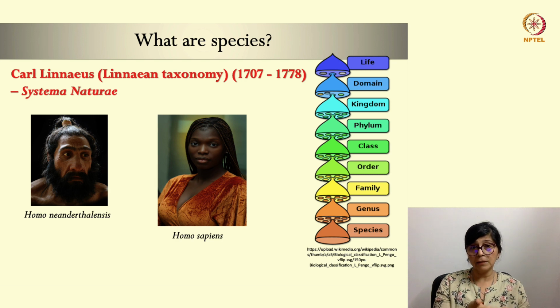There is genetic evidence that suggests that these two species interbred. Then why are we calling them separate species? What is the confusion here? So now, what kind of species are we arguing about? Is it morphological, biological, or evolutionary? These are doubtful definitions that we need to keep in mind when we delve into the literature of what are species.